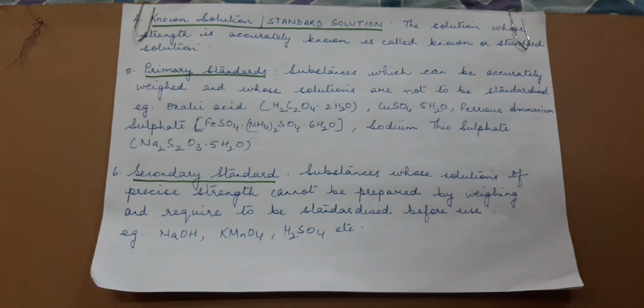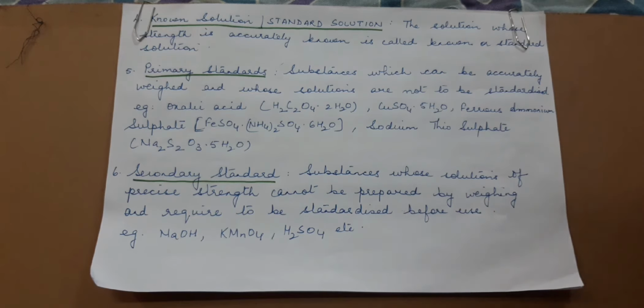Okay, so standard solution is of two types, primary and secondary. Primary is perfect. You have to just weigh it on a balance. You need not standardize it, and you can make its solutions directly. Whereas secondary solutions are those whose strength cannot be prepared directly by weighing, because it will not give us the exact or accurate amount, and it has to be first standardized and then used for the titration process.